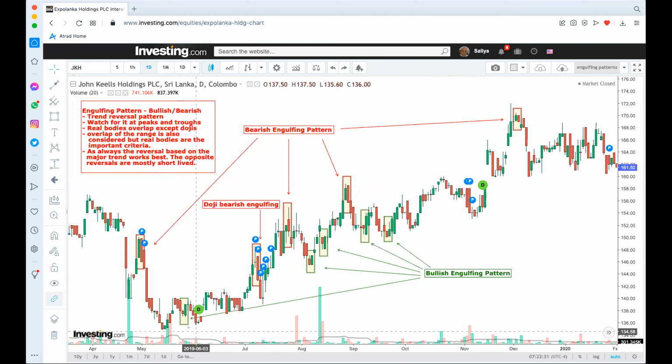What does it mean? Always when we take positions for trading with the intention of cutting loss with a stop loss rule, right? We always look at the previous lows.